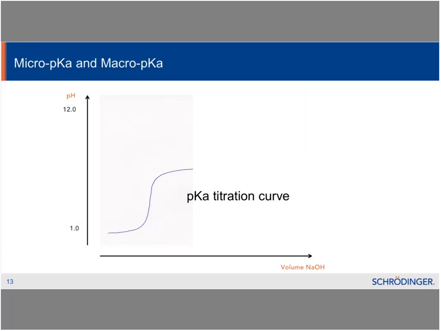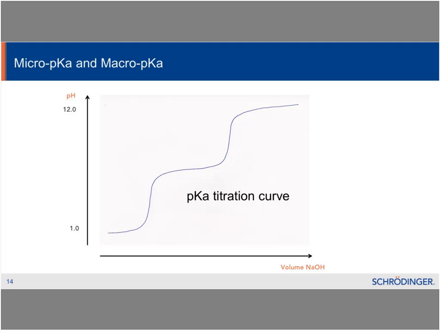So let's start with a pKa titration curve. So for example, we start with low pH and we add a strong base such as sodium hydroxide to the solution, and we see a pKa transition here. Then as we add more base to the solution, we maybe get another pKa transition.